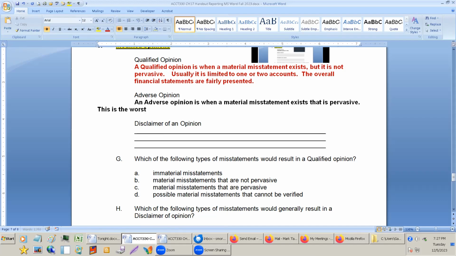This is the worst opinion. And they are very rare because there's no reason for them. They should alter and adjust their financial statements. Financial statements cannot be relied upon.